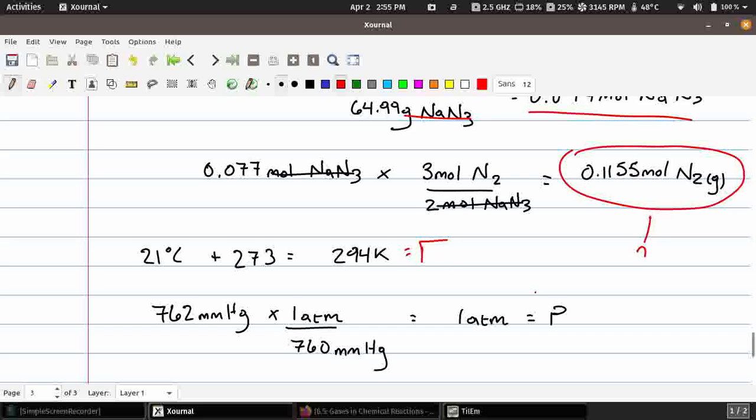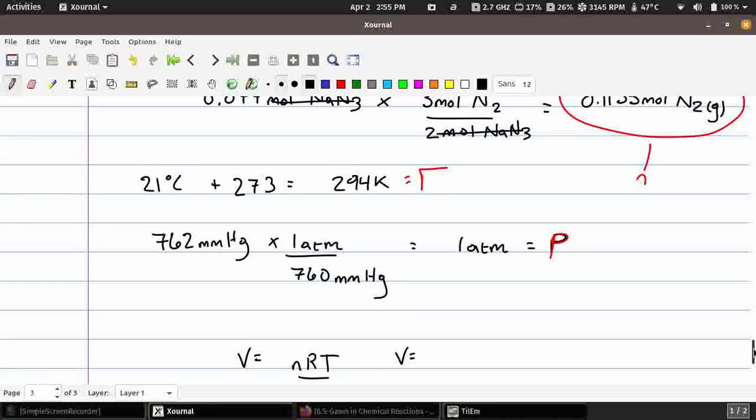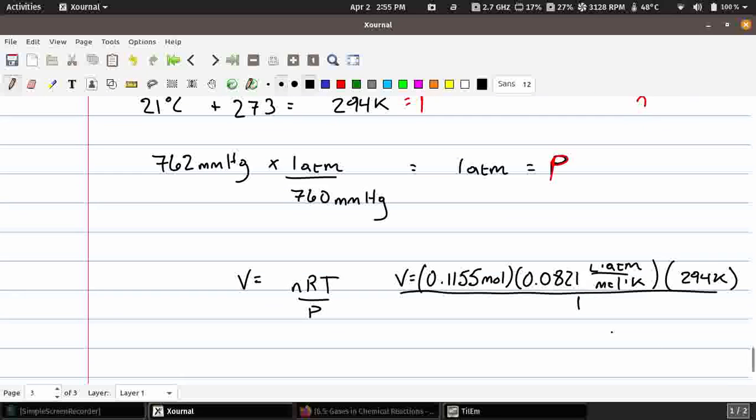So n, T, and then this is P. So remember, V equals nRT over P. So that means V equals 0.1155 mole of N2 times 0.0821 liters times atmospheres over moles times kelvin, times the temperature of 294 kelvins, and then the pressure was essentially 1 atmosphere.